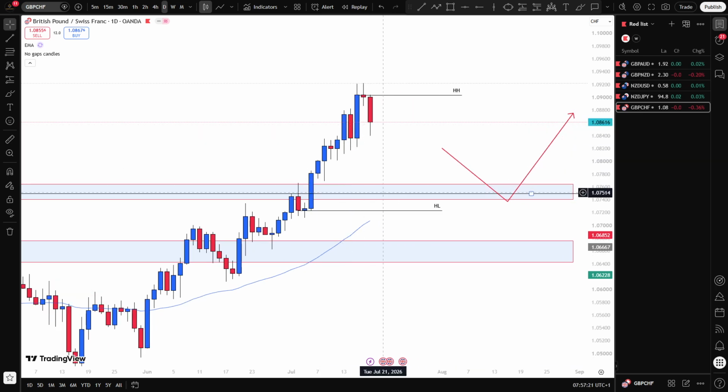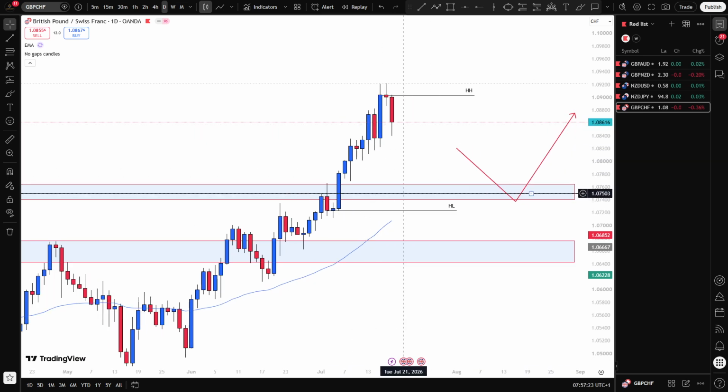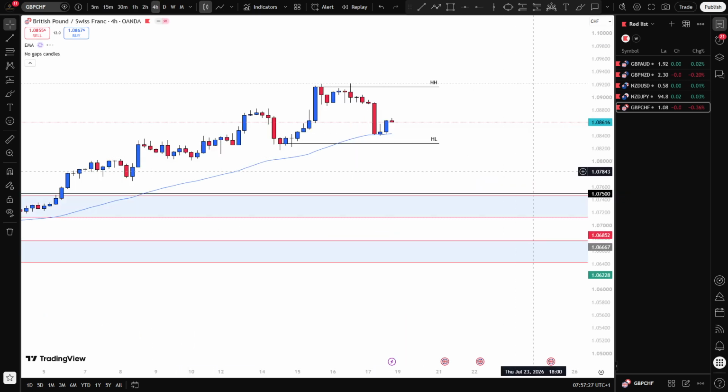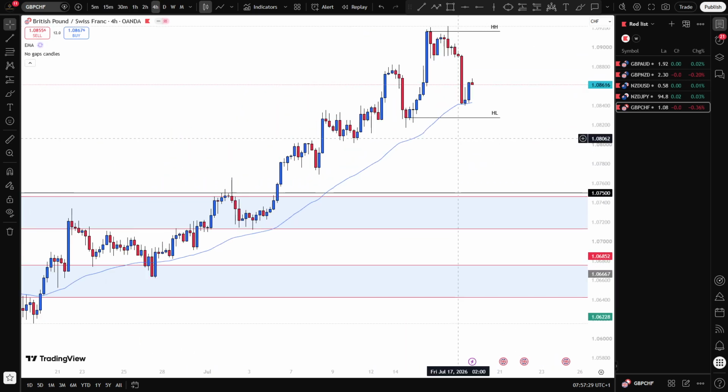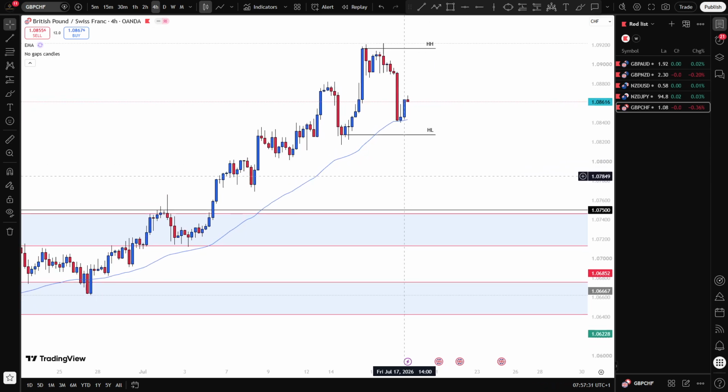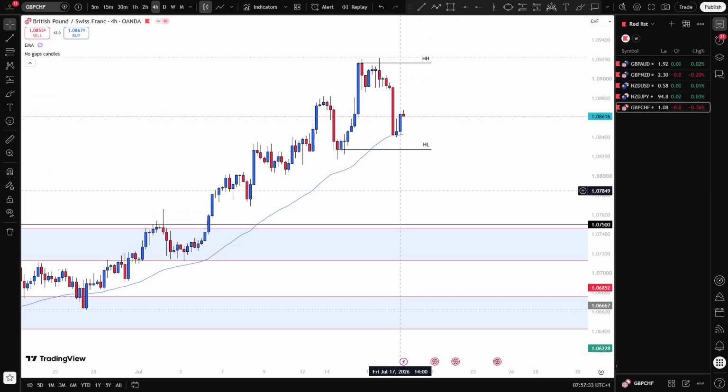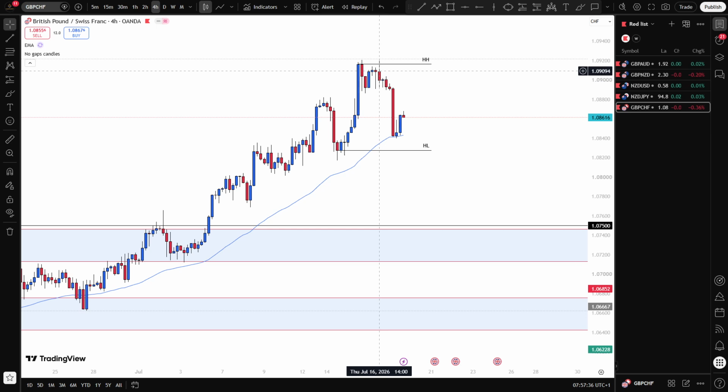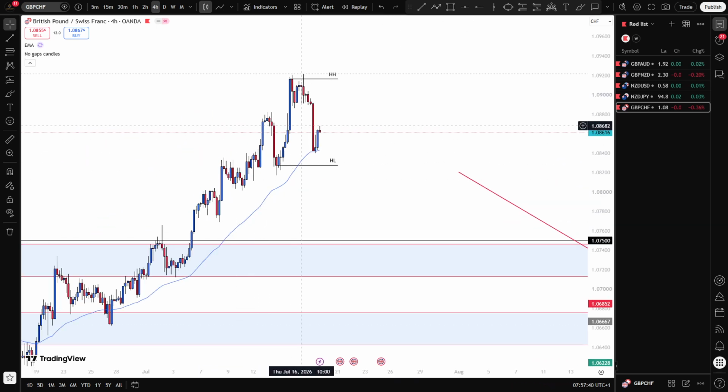The daily time frame did not retrace back here. If you check the 4-hour time frame, it is also bullish. It does not show any sign of retracement yet. So still waiting for a pullback here to buy. Once price gets to this place, then I'll buy.